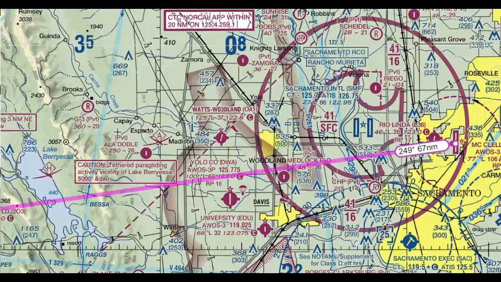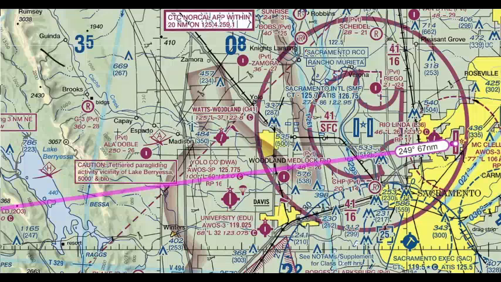All right, here is a good question. There's two arrows right here with the word BESA underneath. What is that? Okay, let's pretend that I wanted to get flight following, maybe on this flight.